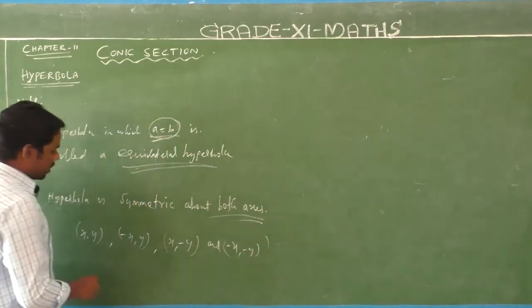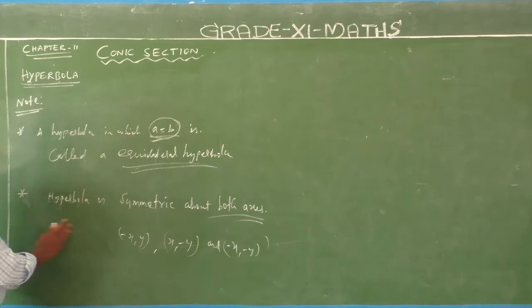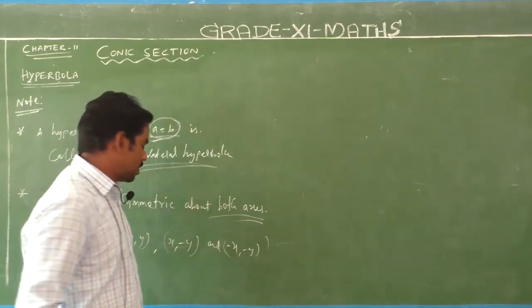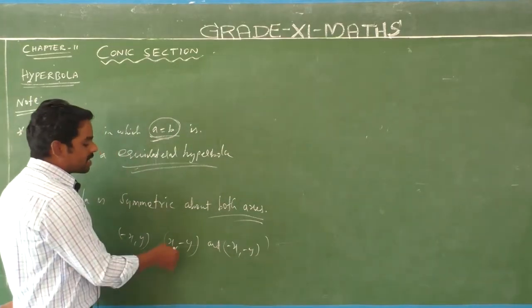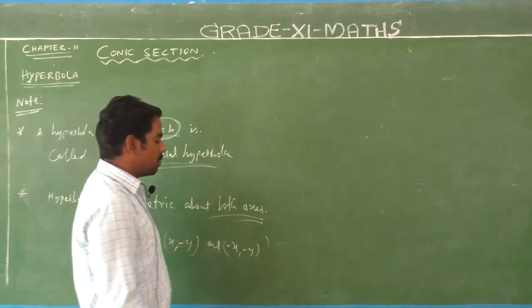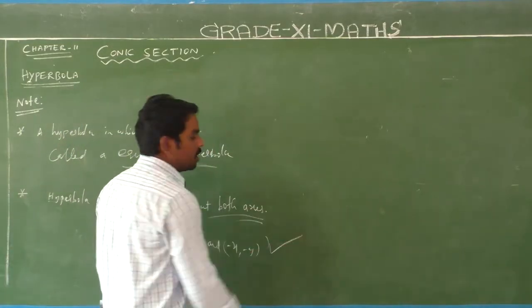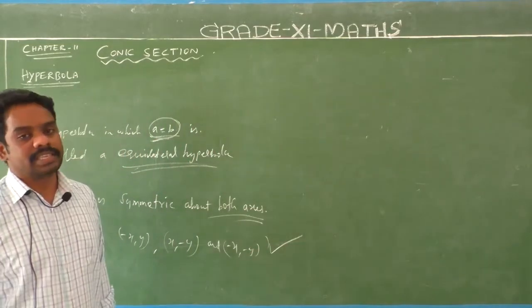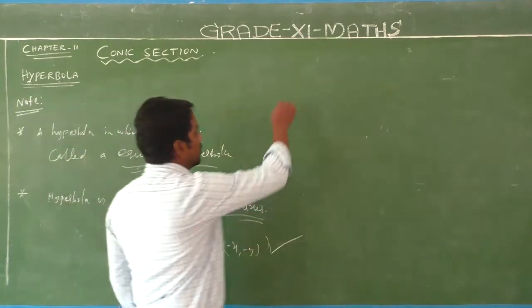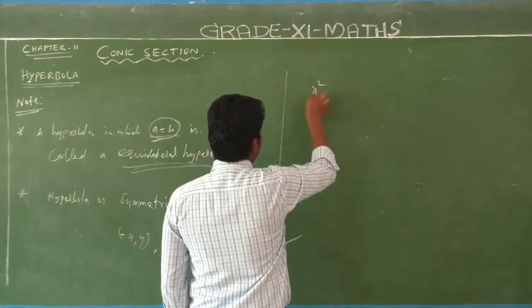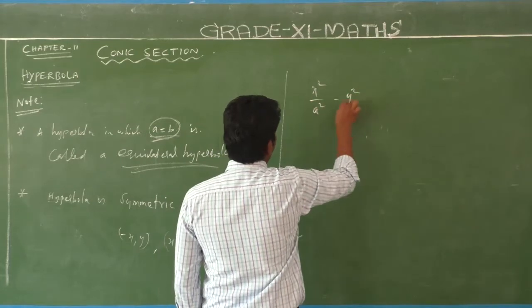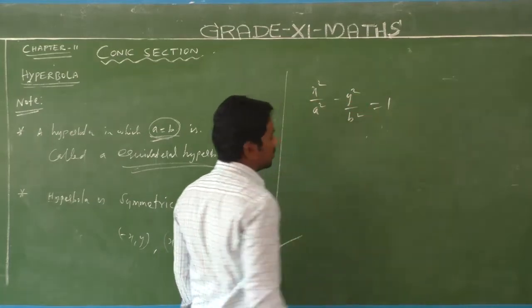If (x, y) lies on the curve, then the points (minus x, y), (x, minus y) and (minus x, minus y) also lie on this equation. Verify: the equation of the hyperbola is x squared by a squared minus y squared by b squared equals 1.